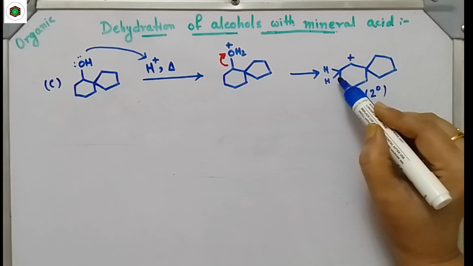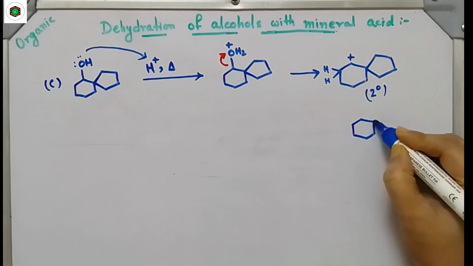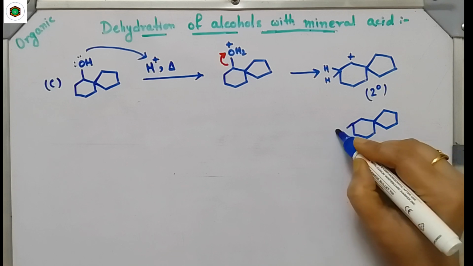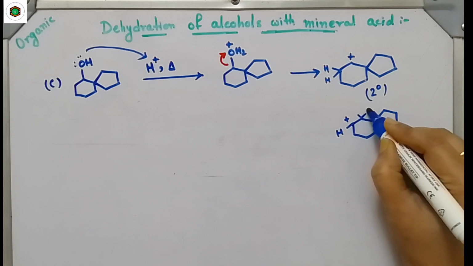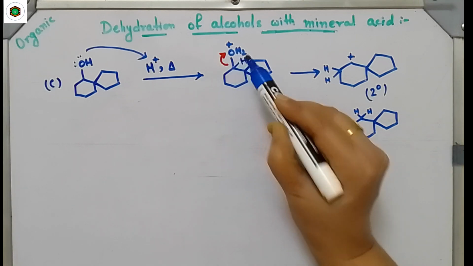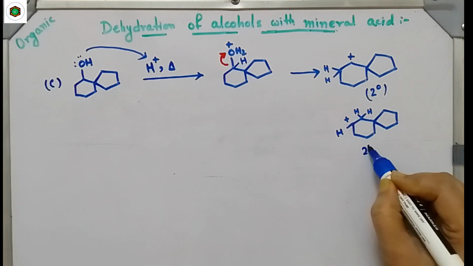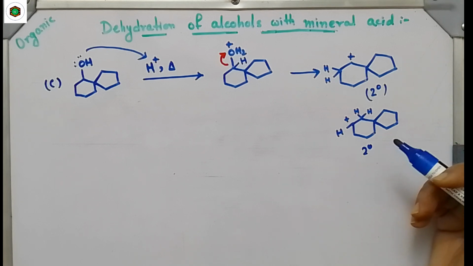Here hydrogen will go and we will get this structure. Already one hydrogen is here to satisfy the tetravalency of carbon. So here also we are getting a secondary carbocation. So there is no meaning for rearrangement.